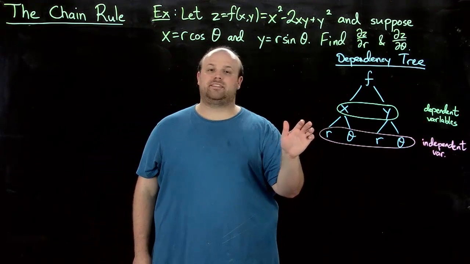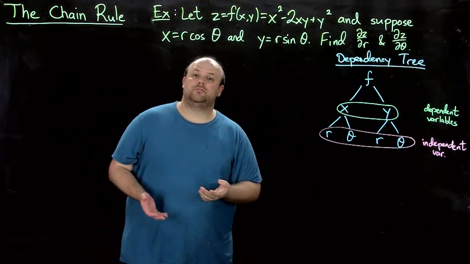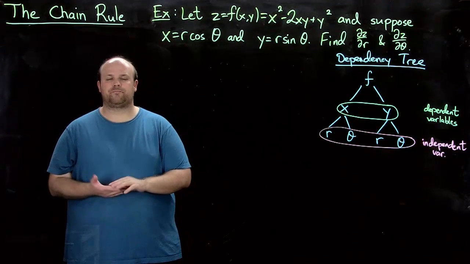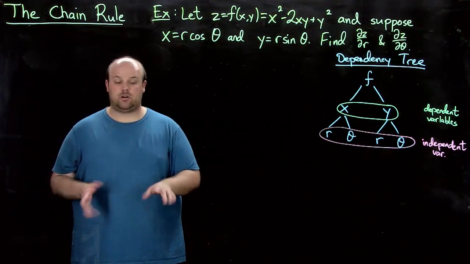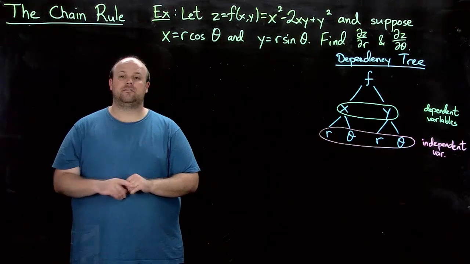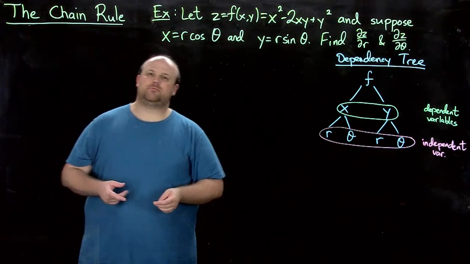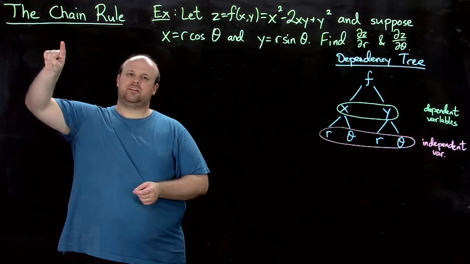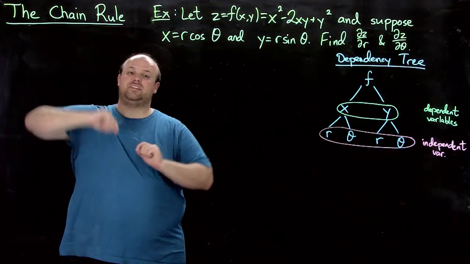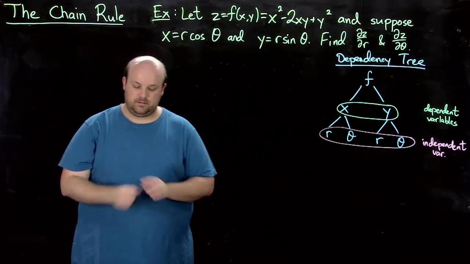So how can we use this to get at the derivative? Well, remember when we wrote out the formula for the chain rule, we always start with the function, and we want to end with the variable we're taking the derivative with respect to.